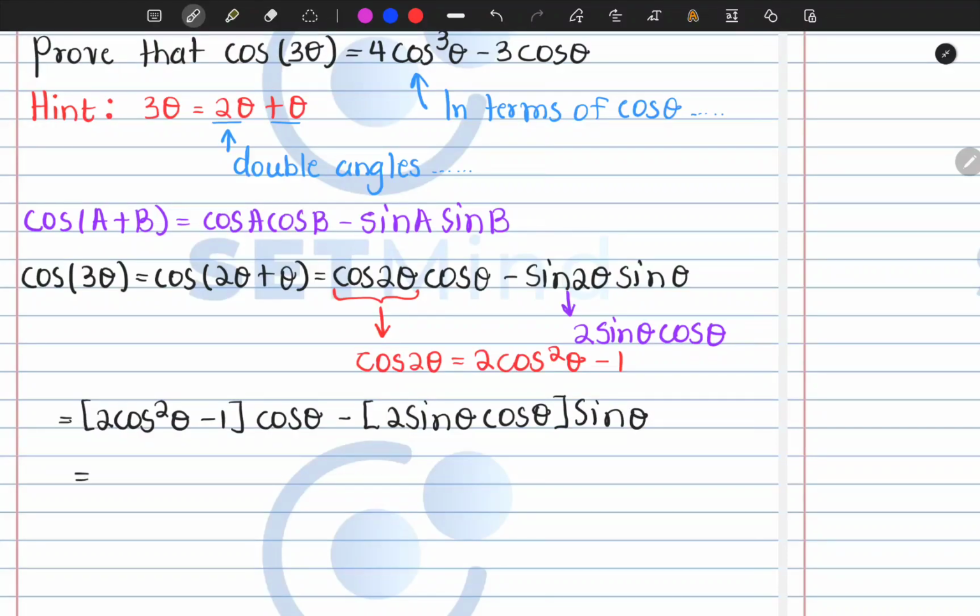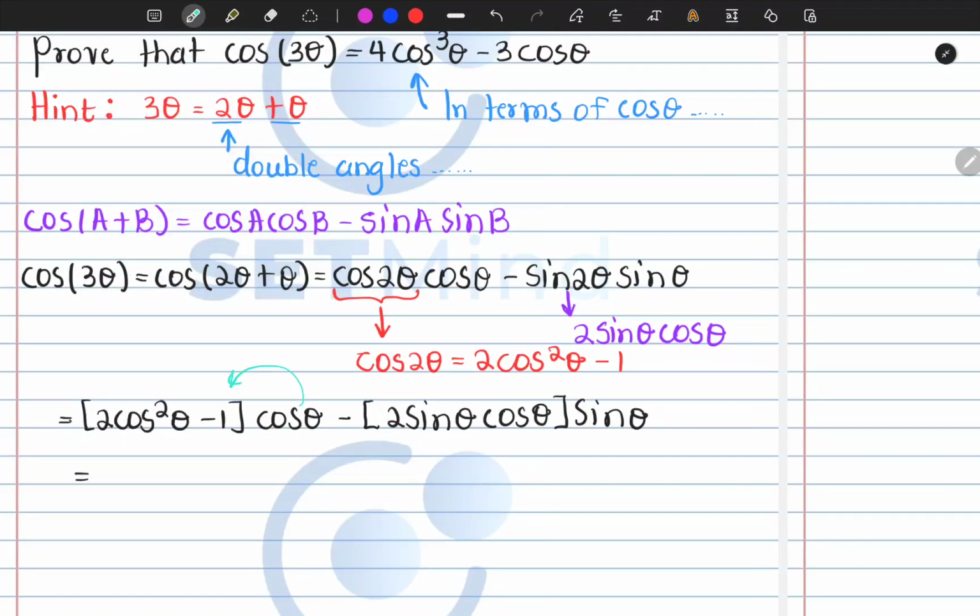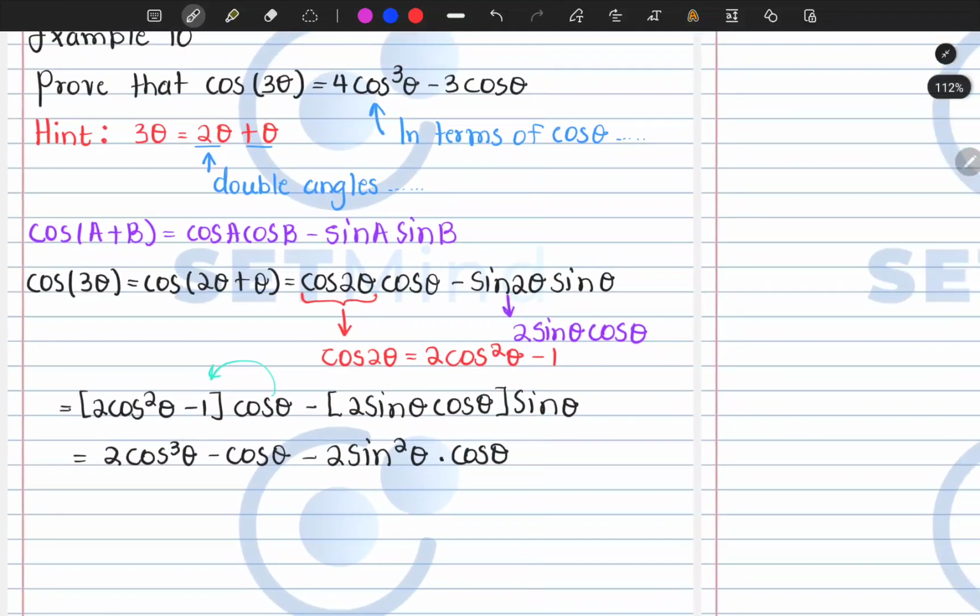So if you look at what happens when you do some foiling of that, what we will end up getting is 2 cos cubed theta minus cos theta. Then when we multiply the other one, you get minus 2 sine squared theta multiplied by cos of theta.